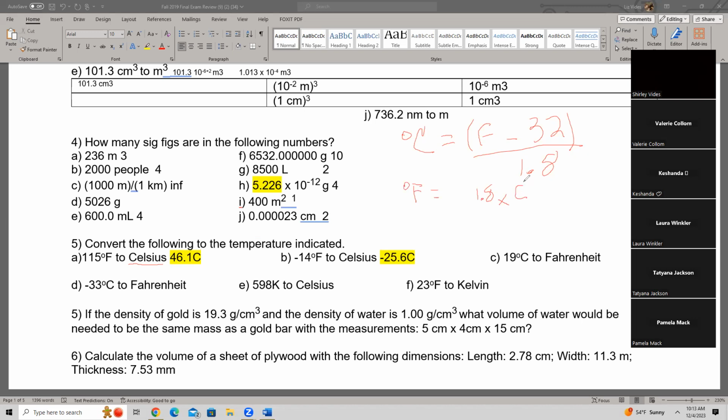And then this first, and then add 32. So now you can do it, right? All right, so 19 times 1.8 plus 32. I get 66.2. That's what I got too.